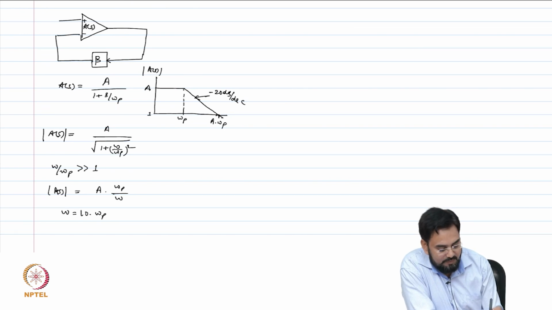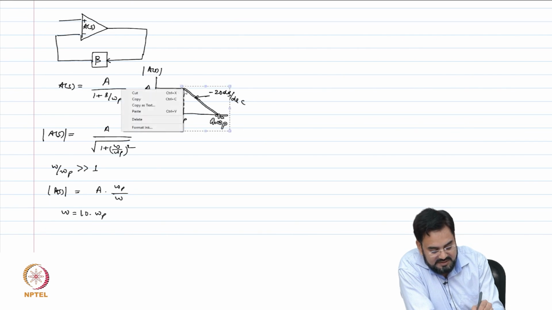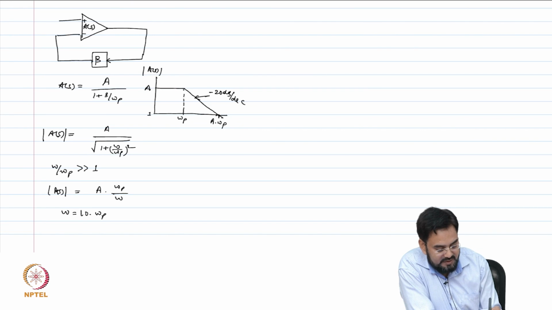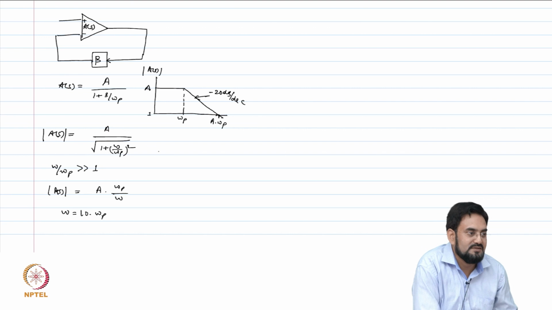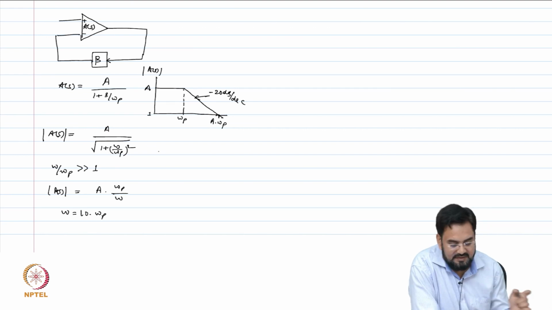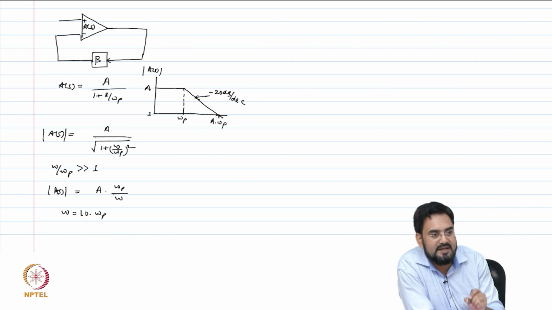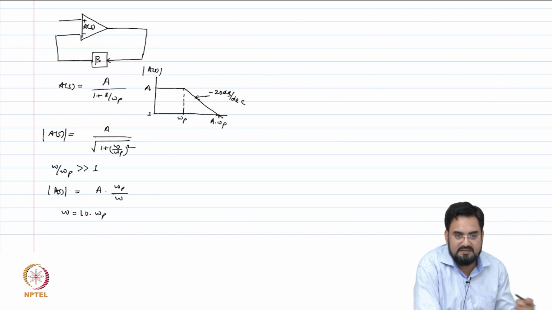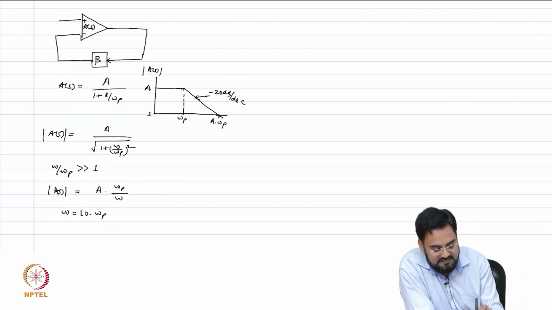But if you put omega equal to omega p, this will have a square root 2 factor, which means the gain will drop by 3 dB, and that is why we call it the 3 dB frequency. In the Bode plot, ideally we show it like this, but in reality it is going to be like this.